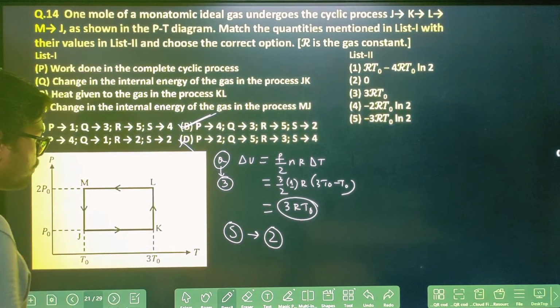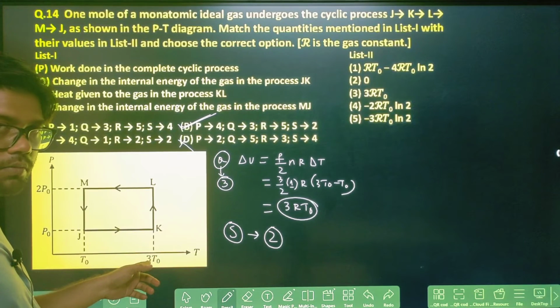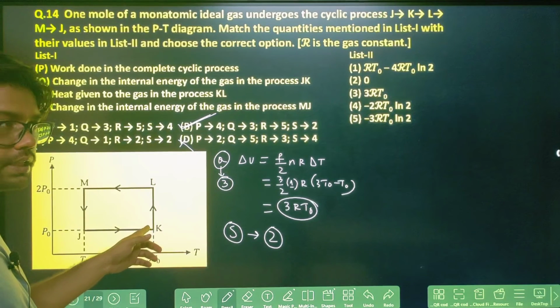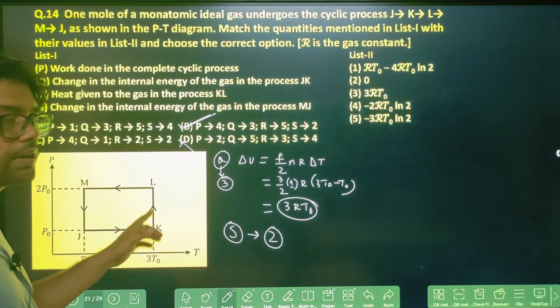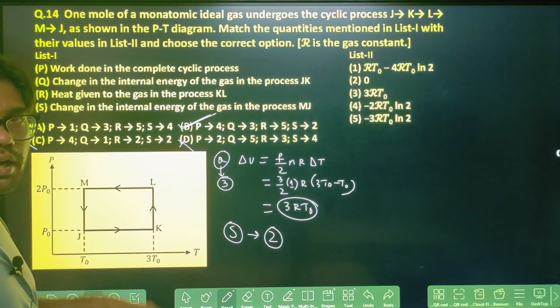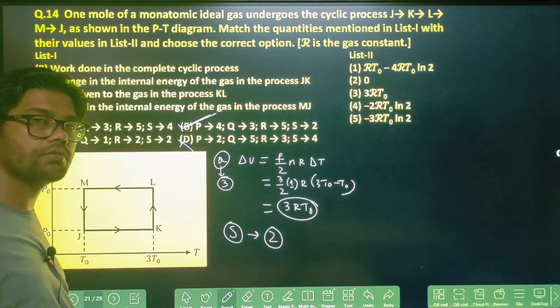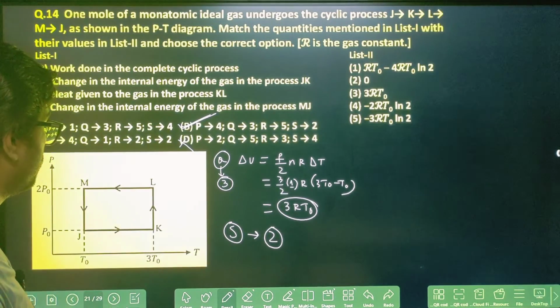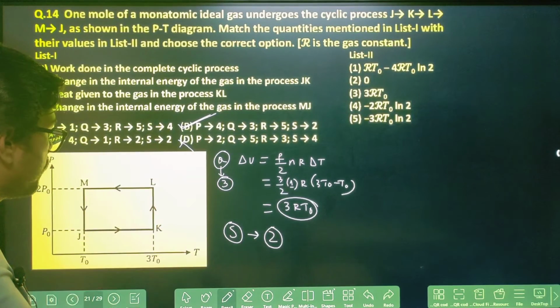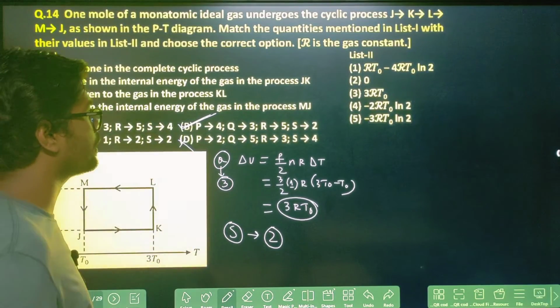KL is an isothermal process, so the change in internal energy is 0. So whatever heat is given is the work done. You can find out the work done, and that work done is equal to the heat given. Clear? Okay, so B option will be your correct option.